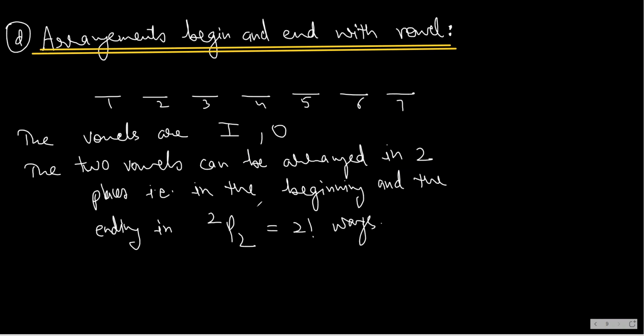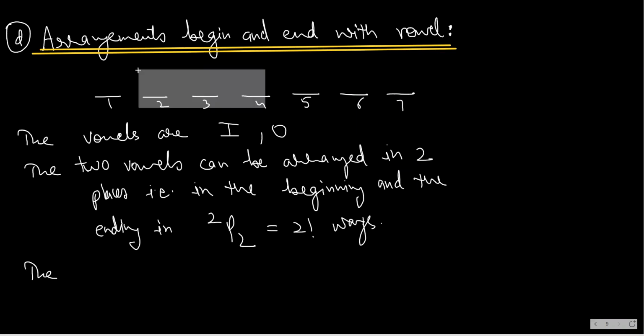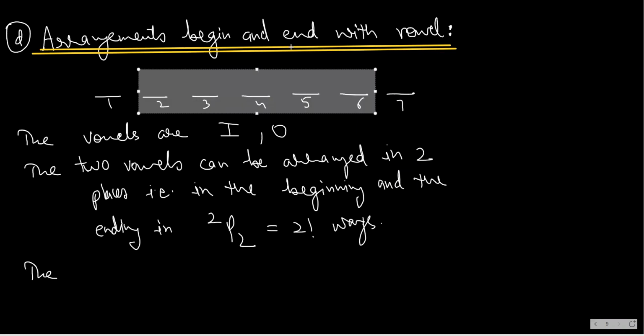After this, the remaining 5 consonants. And how many places are left? 5 places are left in between. I will write the remaining 5 consonants.